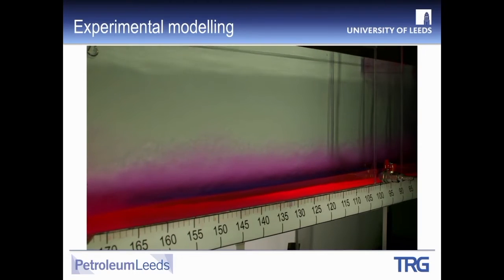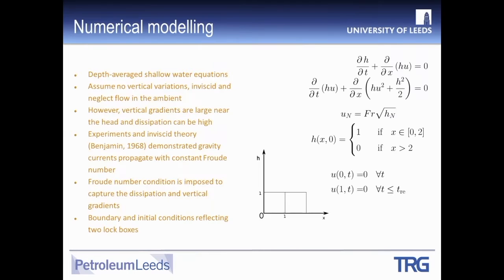Most of this talk is going to be about numerical modelling, because that's what I've been doing most recently. We use the depth-averaged shallow water equations. These assume that there are no vertical variations and they're inviscid, and also we neglect the flow in the ambient. But really the first 2 assumptions are not really valid near the head of the flow, where you can get significant vertical gradients.